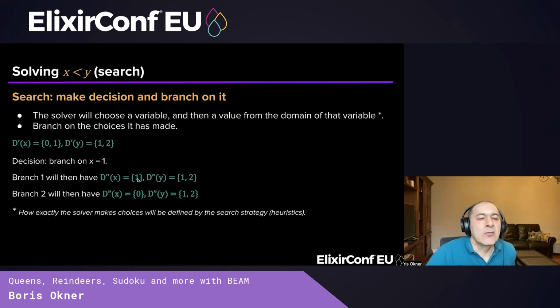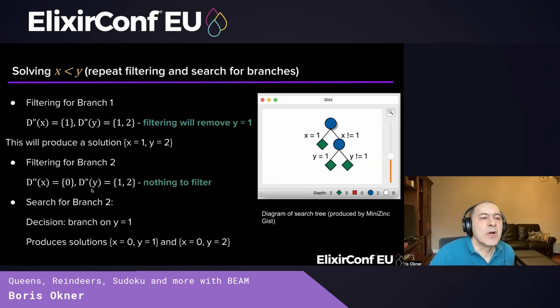Again, you see how the domain of x is split now. And then we go on with the filtering for each branch. For branch 1, we can notice that we can get rid of y equals 1, and that will produce a first solution for us.